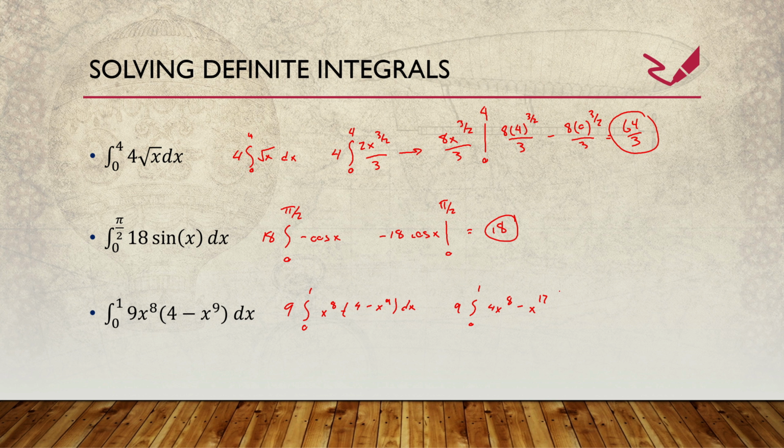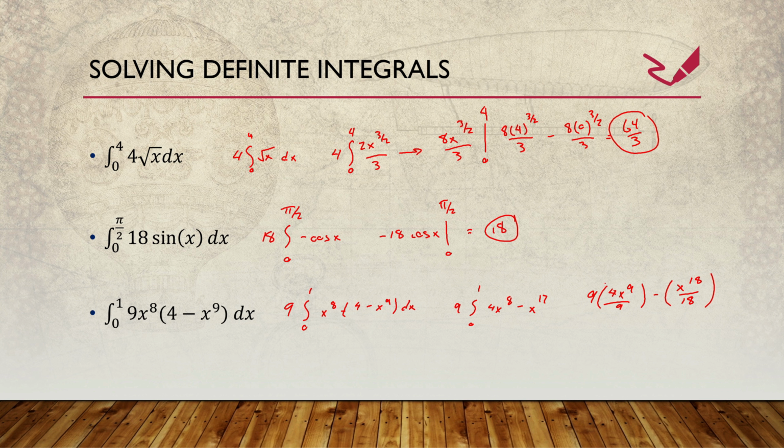And just by doing this, we can find the integral of this. So 9 multiplied by 4x to the power of 9 over 9 minus x to the power of 18 over 18.